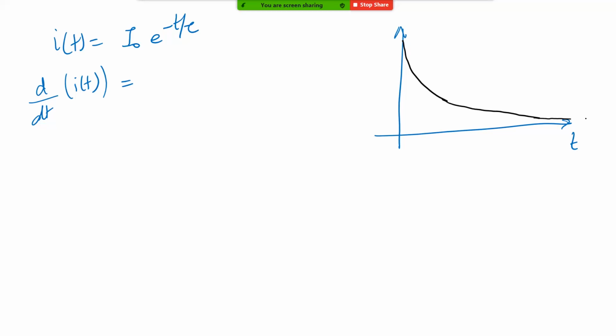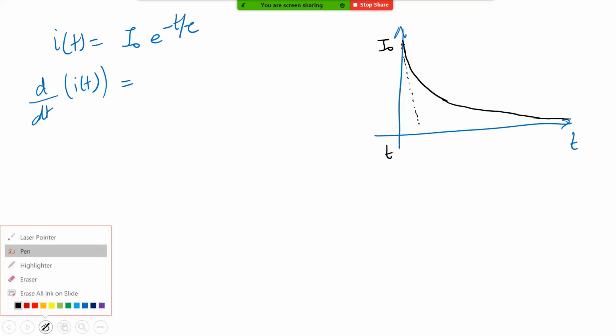Correct. So where is the slope the maximum? At I naught. At t very close to 0, this is where you have the highest slope. As you go ahead in time, the slope starts decreasing, and then finally, as you pointed out, the slope tends to 0 as you go to t equal to infinity.